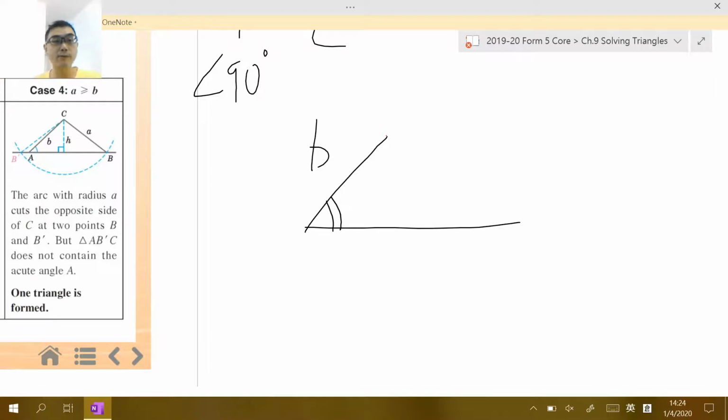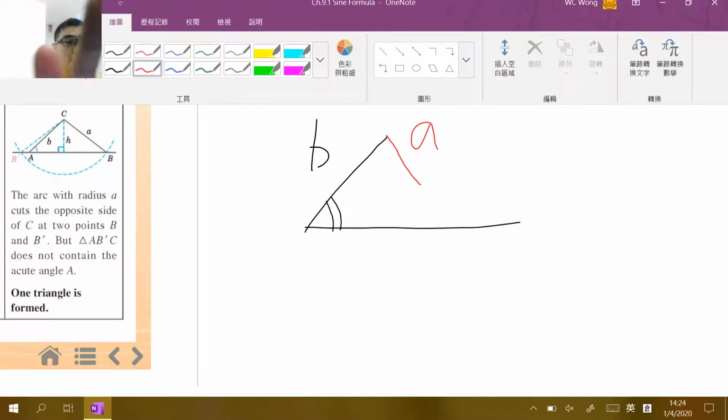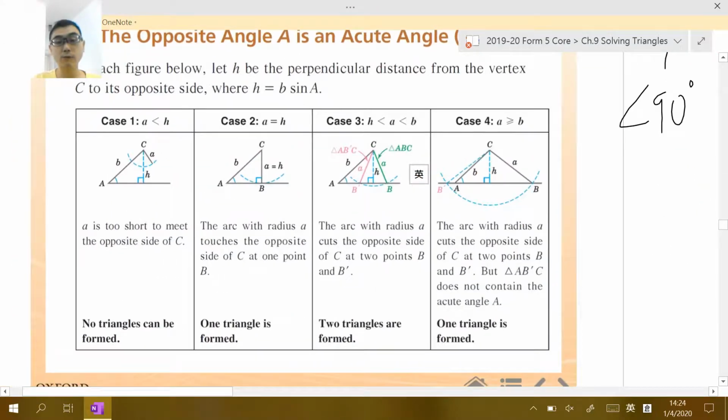Actually, it can be very, very long, but it cannot be too short. For example, can we say that A is just this short? It's not possible, because if A is this short, even if you draw it, you cannot reach the bottom line. It means that A should have some restriction here. You can see those restrictions within this figure.